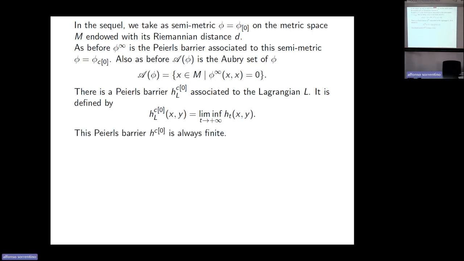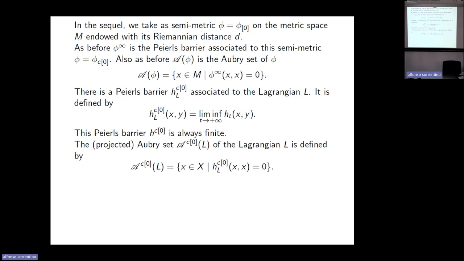And this Peierls barrier is always finite. You can show that it is always finite. And the Aubry set for the Lagrangian, or rather its projected Aubry set, is defined as the set of points where the Peierls barrier h_c0 from x to x is 0.